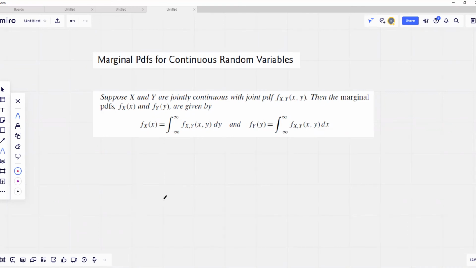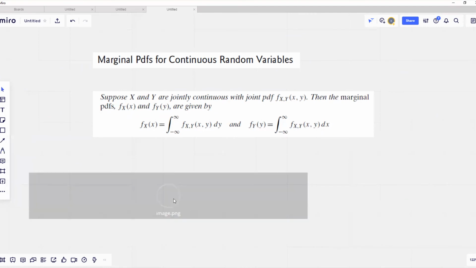Now, in a continuous case, we have to integrate over all values of y to find marginal PDF of x. Obviously, we have to integrate our joint PDF function. So here is the following definition. To find marginal PDF of x, we integrate from minus infinity to plus infinity our f of xy dy.